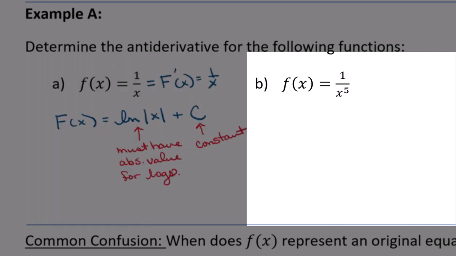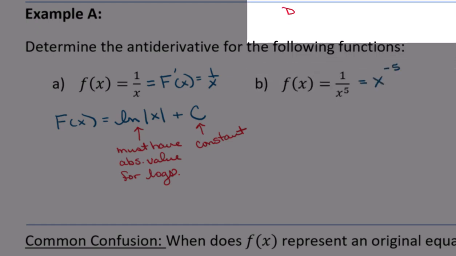Looking at example B, we have a derivative of 1 over x to the 5th. Just like it's easier to take the derivative with it in the form of x to the negative 5th, it's also easier to take the antiderivative. So let's recall when we try to take the derivative of some power function, we first multiply by its exponent, and then we subtract 1 from the exponent.